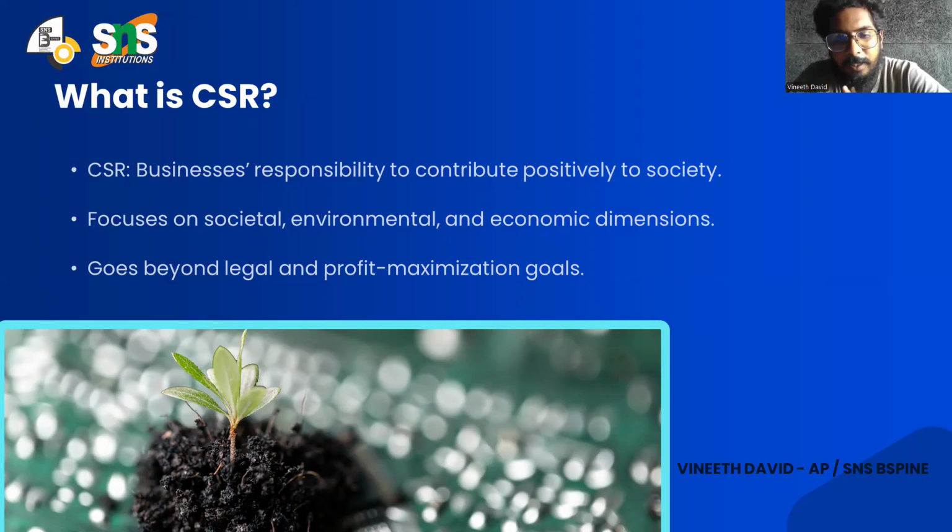It is about creating a positive footprint. For example, a company that reduces carbon emissions and supports community education programs is actively practicing CSR. Helping others naturally is CSR, but it is not related to charity, it is related to the responsibilities that we have.